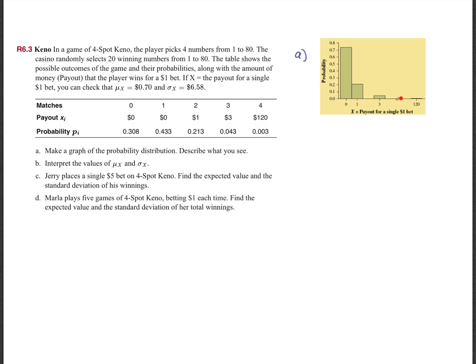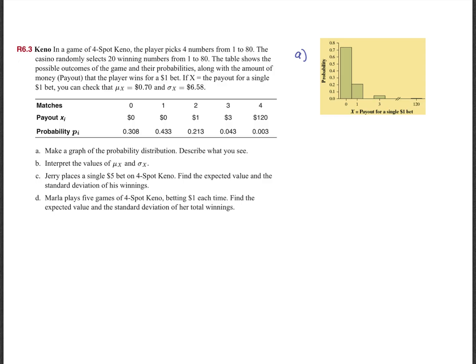It's almost like a dot dot dot, and then you have 120 way over here. You don't want to do a graph that includes 4, 5, 6 all the way to 120 just to have a 120 way out there. So that's just good to know, that's one option if you're making these graphs with huge gaps in the X values.